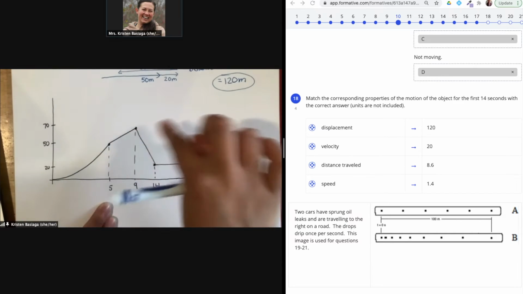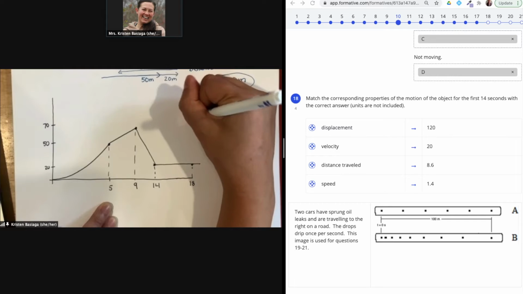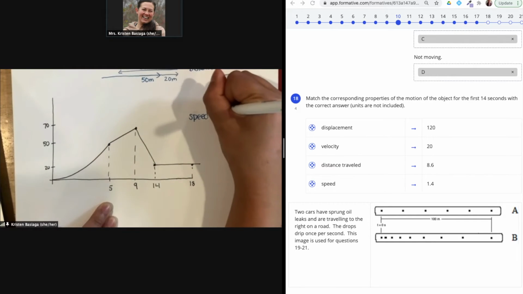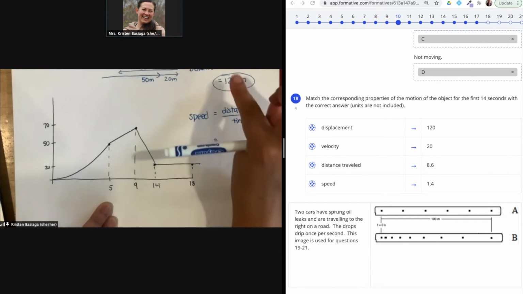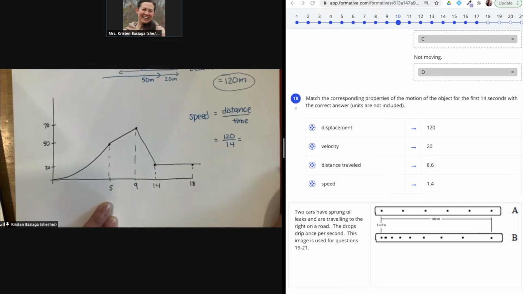Well, they did all of that distance in 14 seconds total. Speed is distance over time, so that would be 120 meters over 14 seconds, and that would give me 8.6 meters per second.